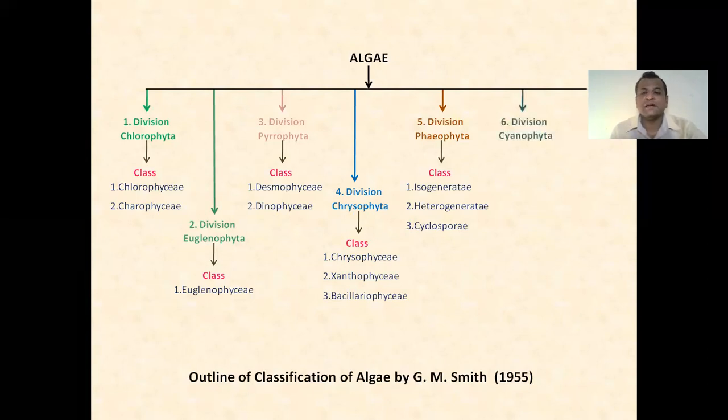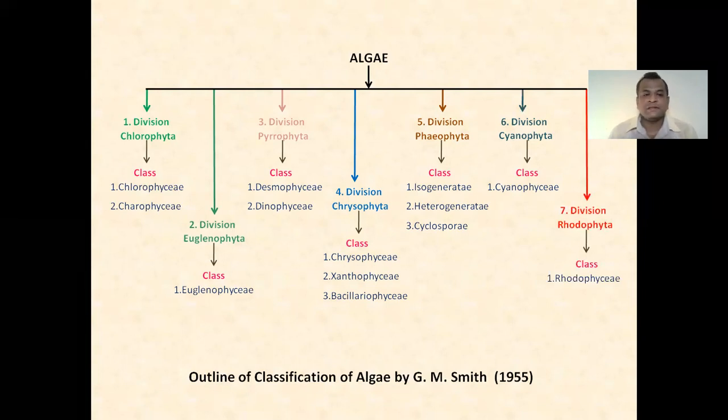The sixth division is known as Cyanophyta, which includes a single class, Cyanophyceae. The last division is division Rhodophyta, which includes a single class, Rhodophyceae.